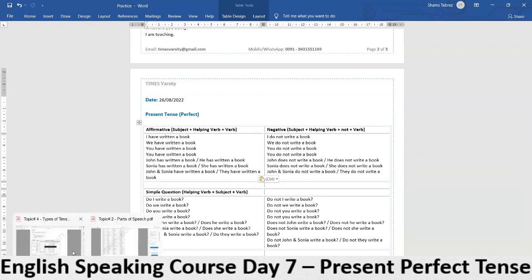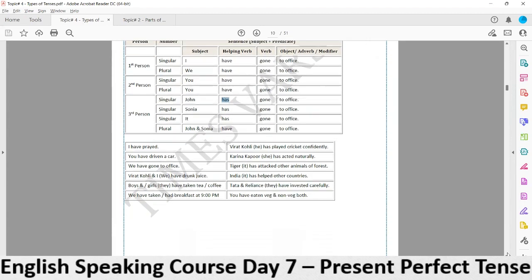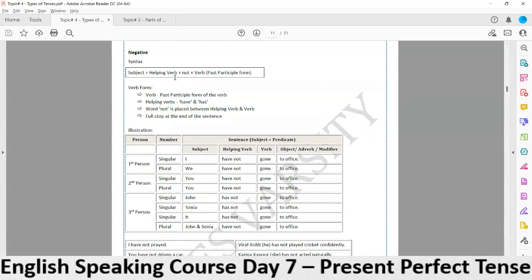Now go to negative. Let's see how we can make a negative sentence in the present perfect tense. For the negative, as we know, the negative word not is added after the helping verb. And this is the thumb rule which is used everywhere.